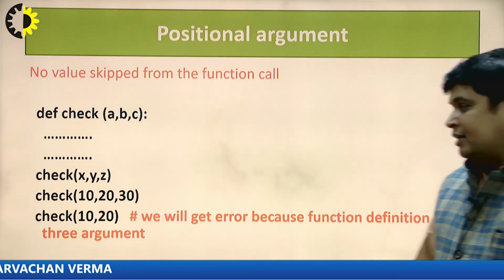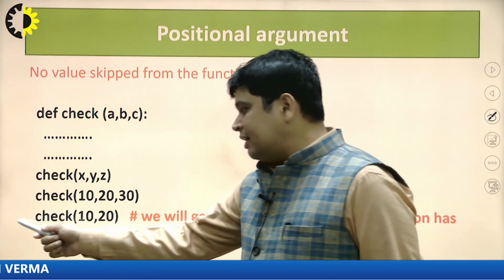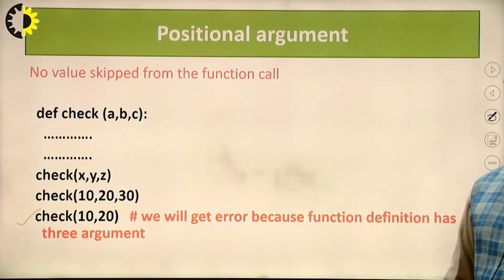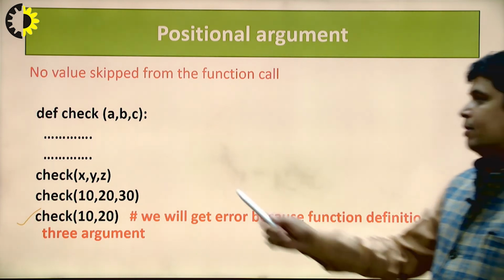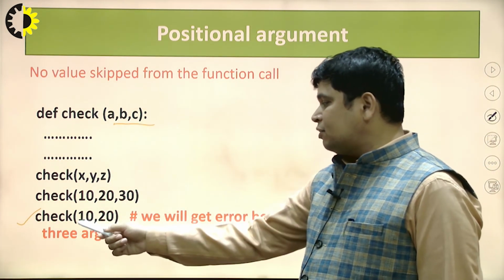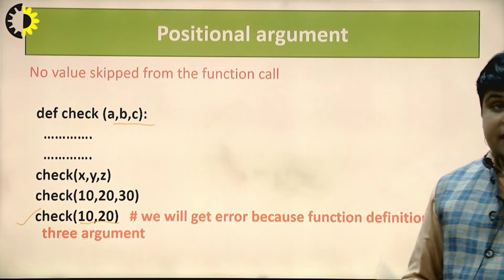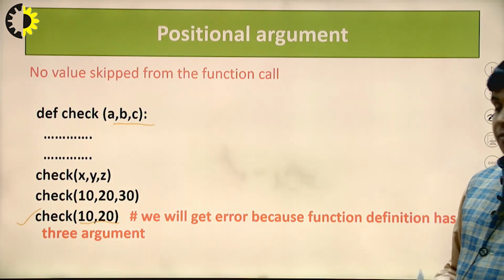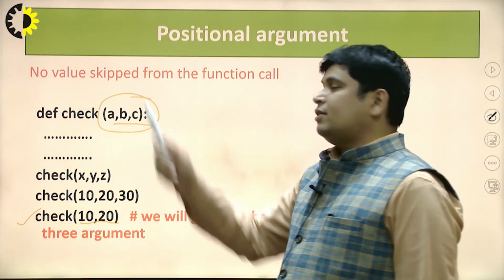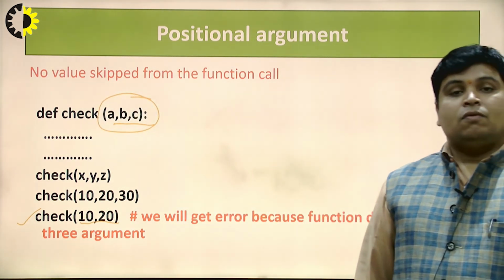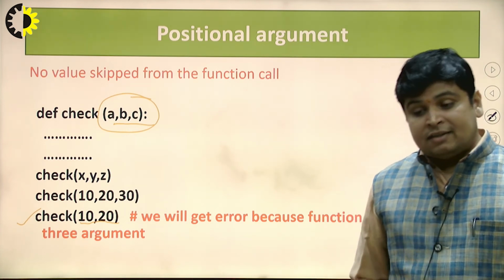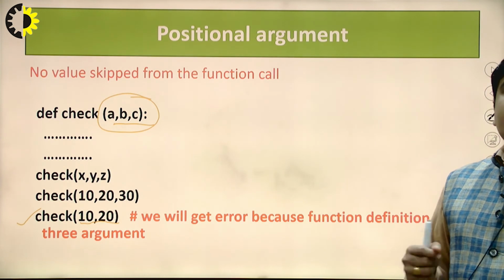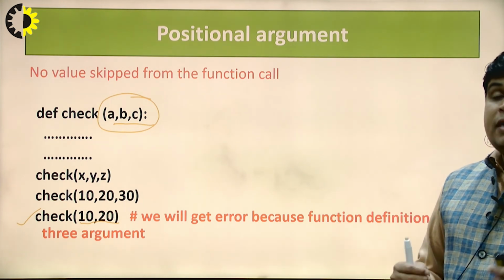In the second line, you will see here inside this call, immediately we will get an error because the function definition has 3 arguments and now I am passing 2 arguments. So it is mandatory to pass all the arguments that I have supplied in the function definition statement. Okay. So for that reason, this is called the required argument. This is called the positional argument, or we can say this is the mandatory argument.